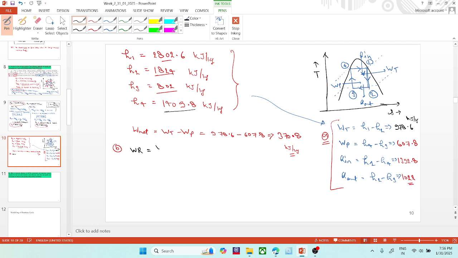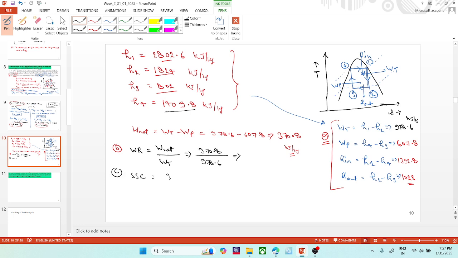We have defined the work ratio as the ratio of W net by turbine work. So W net we are having 370.8 and turbine work is 978.6.